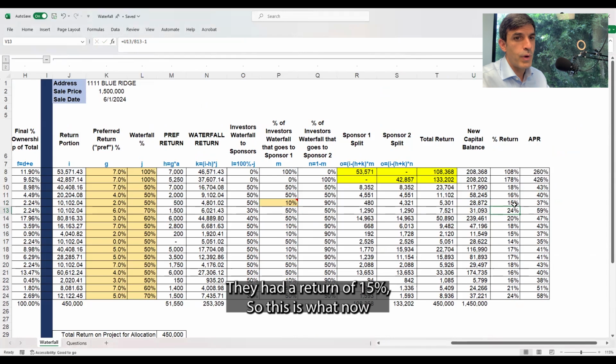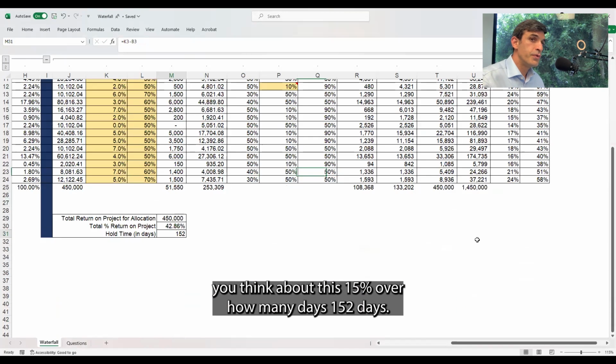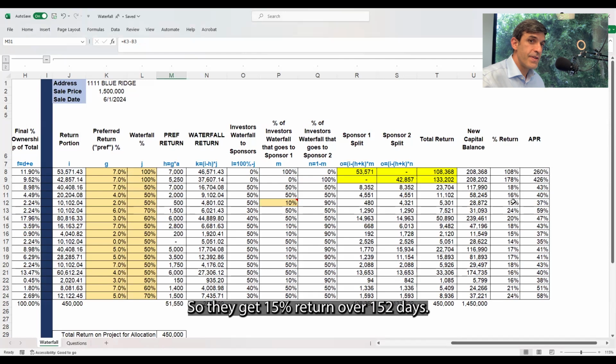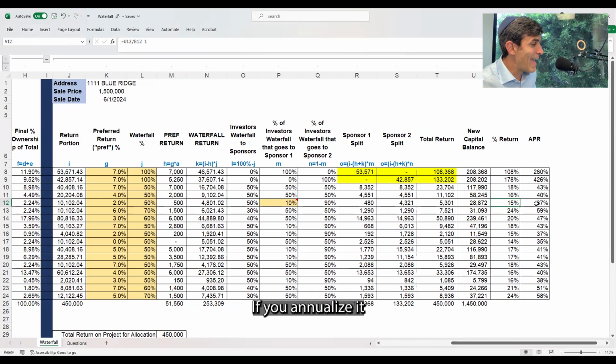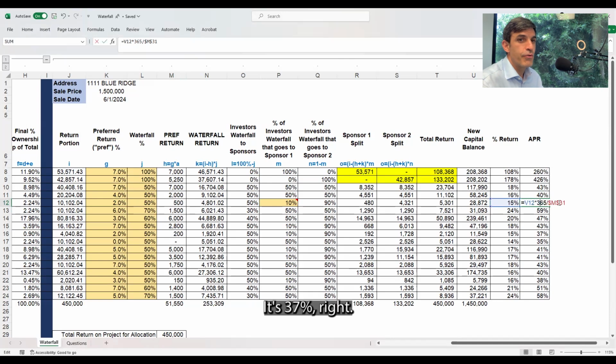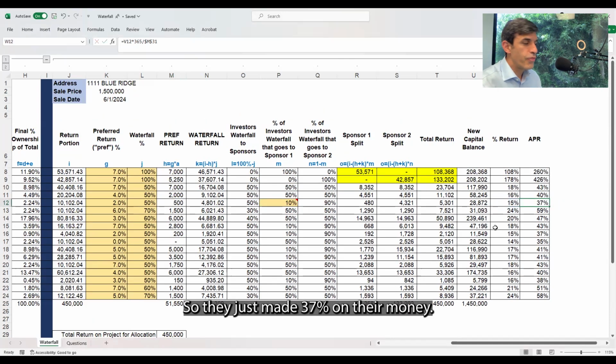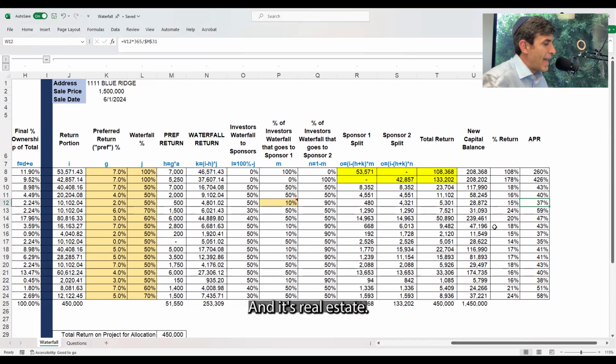Now think about this 15% over how many days? 152 days, right? So they get 15% return over 152 days. If you annualize it, what's the annual percentage rate? It's 37%. So they just made 37% on their money, and it's real estate.